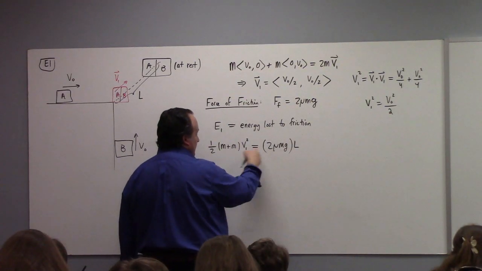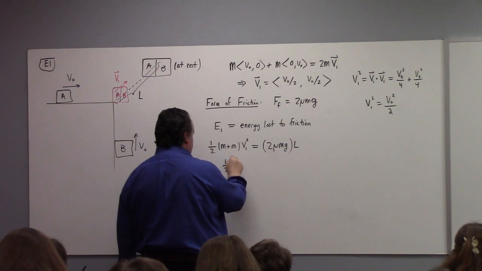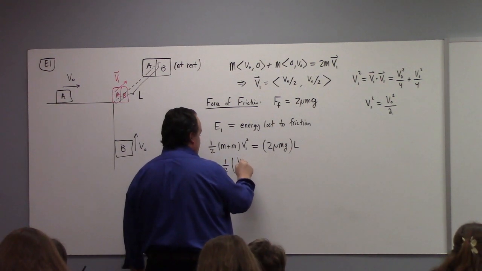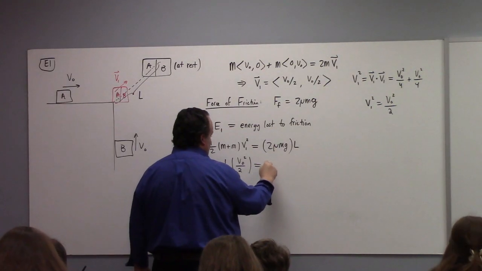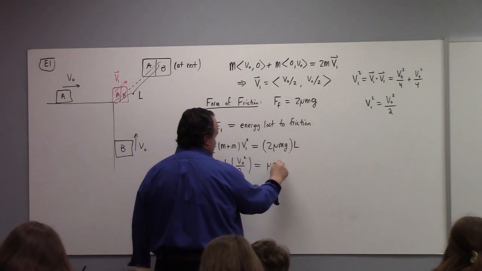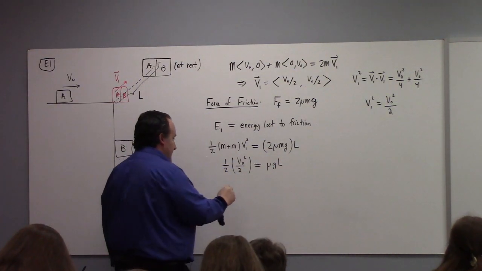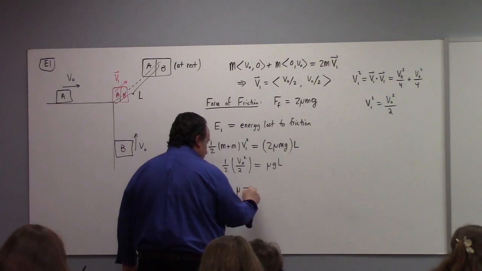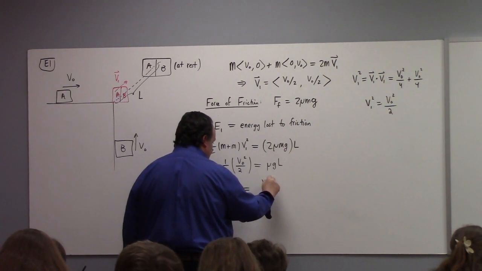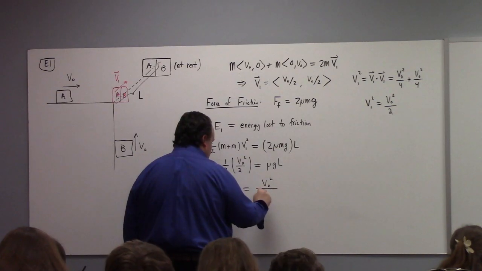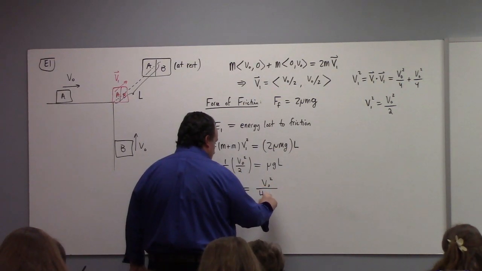Of course, there's a 2m on both sides. That cancels. And so I've got 1/2 of V naught squared over 2 is equal to mu gL, I believe, which finally gives me that my coefficient of friction is V naught squared divided by 4gL.